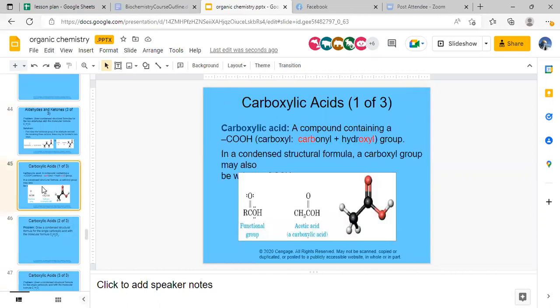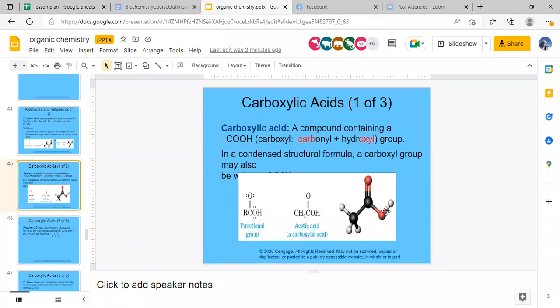Okay, carboxylic acid naman, meron kang C double bond O, tapos meron kang OH pa naka-attach dun sa same carbon. So yung condensed structural formula mo, kaya nga minsan nire-represent yung dalawang lone pairs ng oxygen. So ito yung ball structure niya, ball and stick representation.